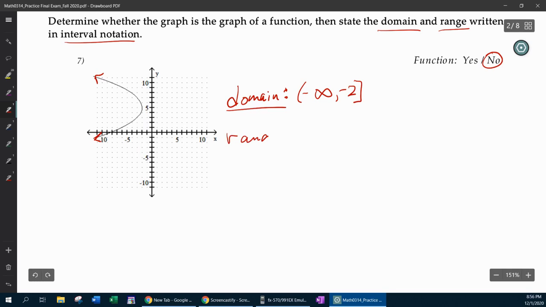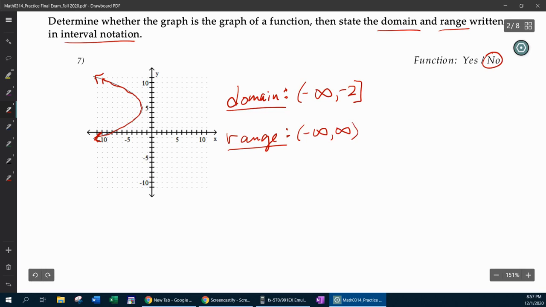Now the range is from bottom to top. So do you see as this parabola goes back to the left, it's also sinking down. And the farther left it goes, the farther down it's going to go. Eventually it will go down to minus infinity. And if you look at as it goes to the left on top, it's also creeping up forever.